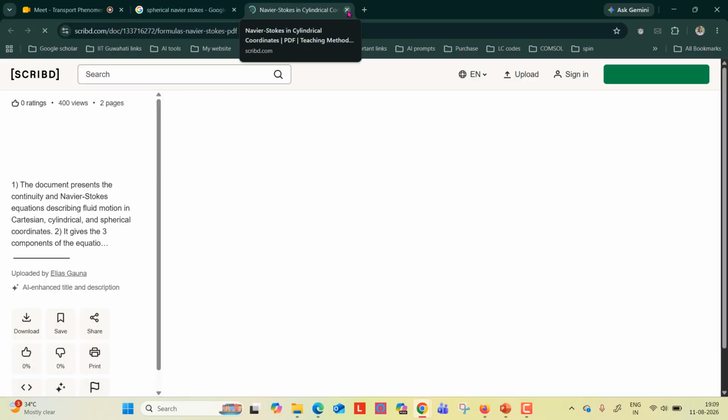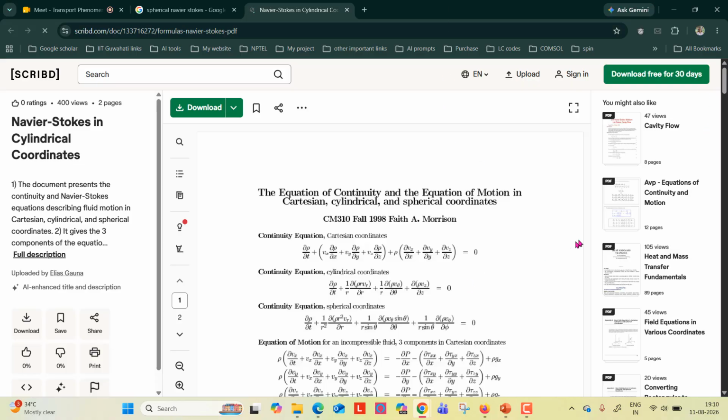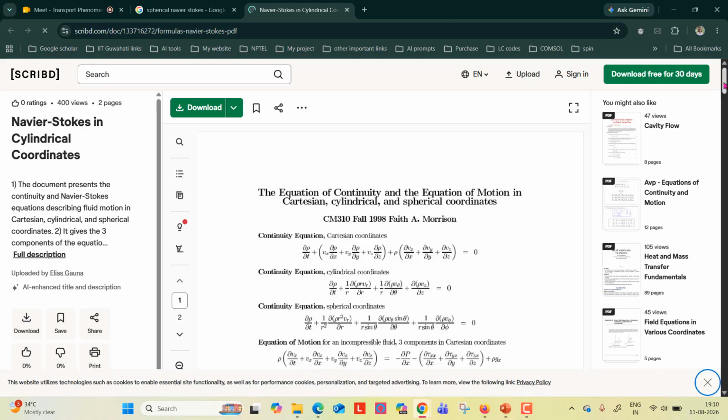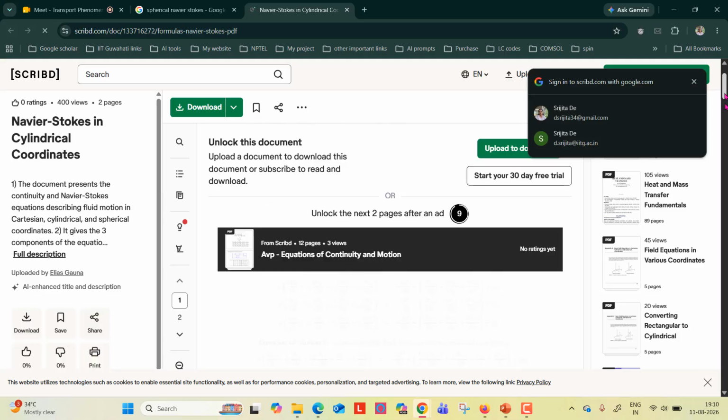Anyway, if you have noted it down from the class itself, it will not be very difficult to find it. Also, it is there in any continuity equation or transport phenomena books, right? The book I have told, the Bird-Stewart-Lightfoot equation, right?